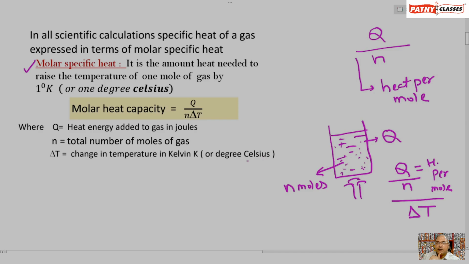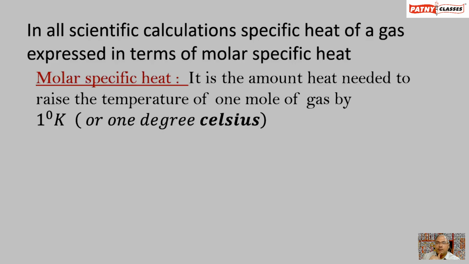So, in all scientific calculations, the specific heat of a gas is expressed in terms of molar specific heat. Let us define it. The definition is: it is the amount of heat needed to raise the temperature of 1 mole of gas by 1 degree Kelvin, or 1 degree Celsius.